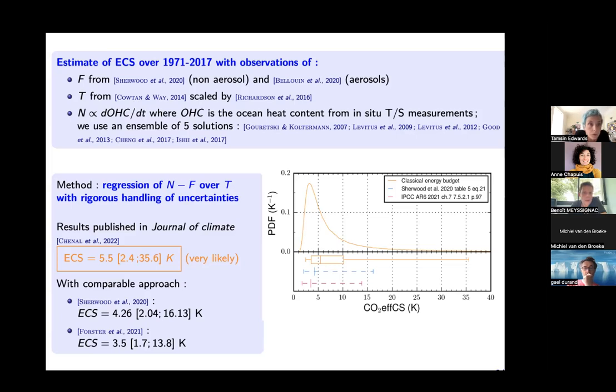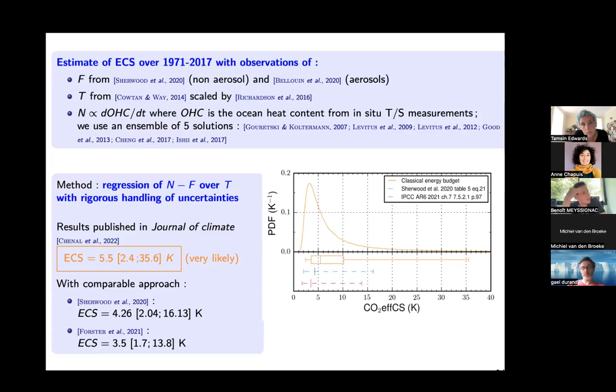I think Benoît and Sherwood are probably... AR6 is using something more conservative compared to Benoît. We decided in the Journal of Climate paper, and reviewers agreed with that. I can't remember why.